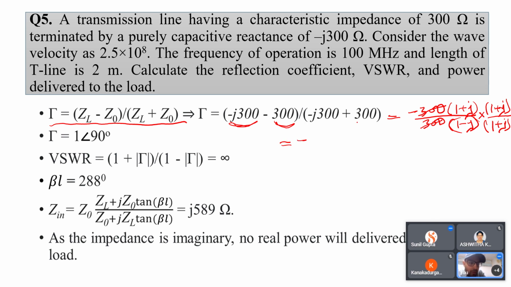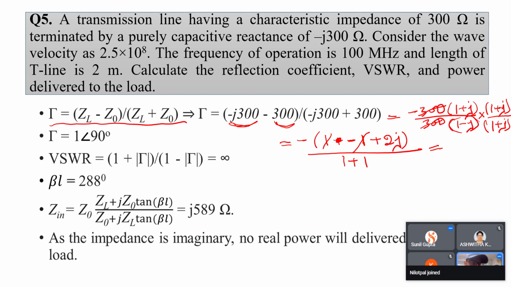So this becomes minus 1 plus 2j over 1 plus 1.